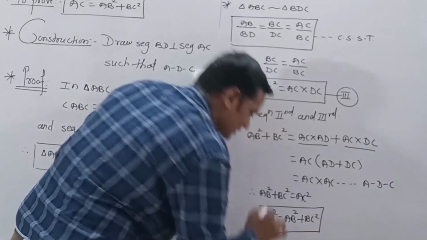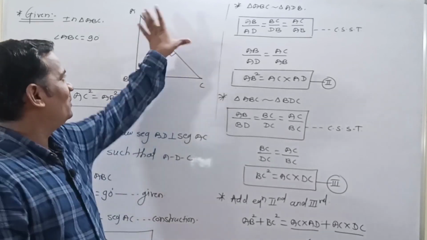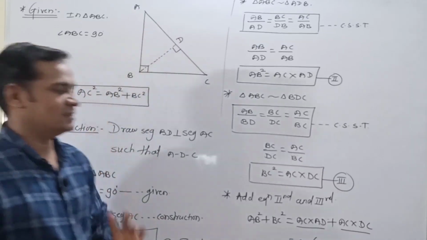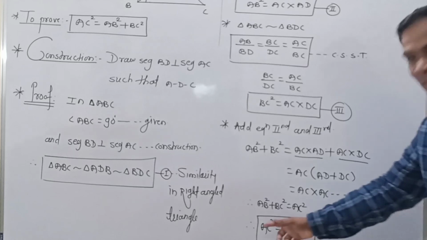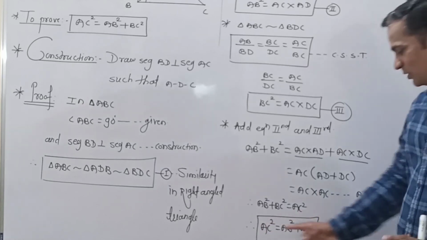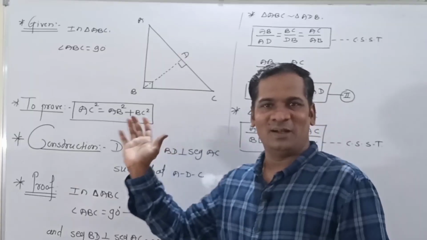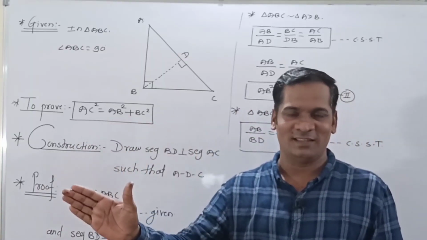In this way, easily we can prove that the square of the hypotenuse in a right angle triangle is equal to the sum of the squares of the remaining two sides. Which are the remaining two sides? AB and BC. How simple is this theorem? Mind well, this is also a 5-star theorem.